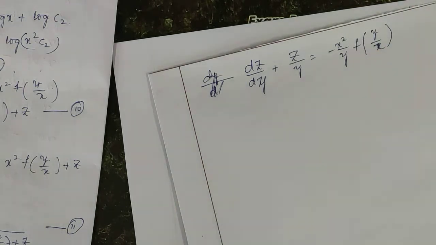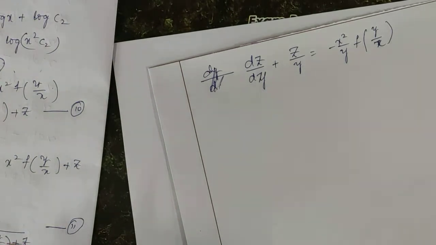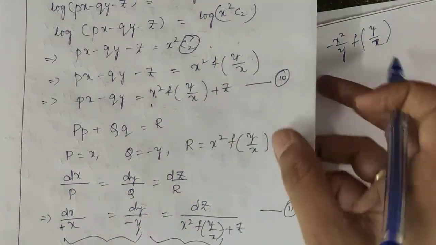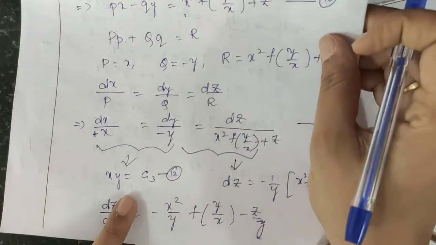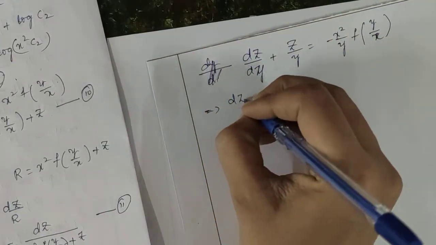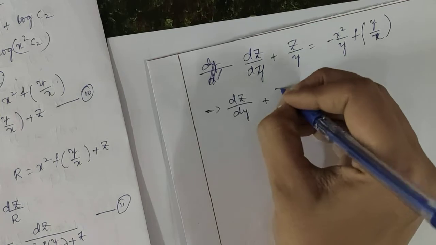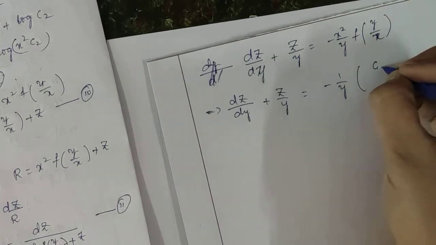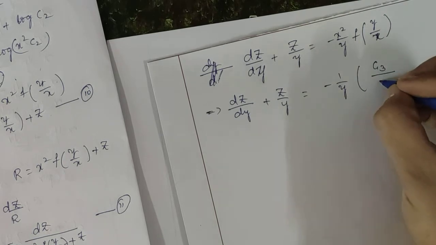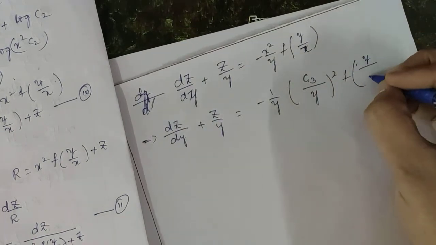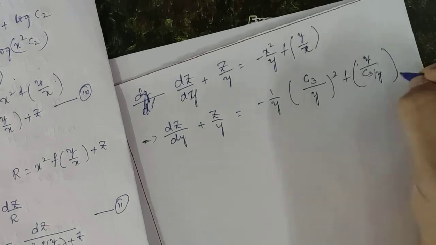So now from equation number 12, what is your equation number 12? Here we have equation number 12, xy is equal to c3. Using this, I can rewrite this as dz by dy plus z by y is equal to minus 1 over y into c3 by y whole square into f of y by c3 by y.